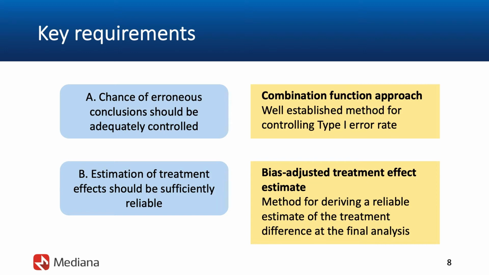And the same logic also applies to adaptive selection of patient populations and adaptive re-estimation of the sample size. It is a bit more subtle with sample size re-estimation, but it's also the case that the alpha will get inflated if unblinded interim analysis data are used to support a decision to expand the trial and enroll more patients, or perhaps increase the target number of events if it happens to be a survival trial.